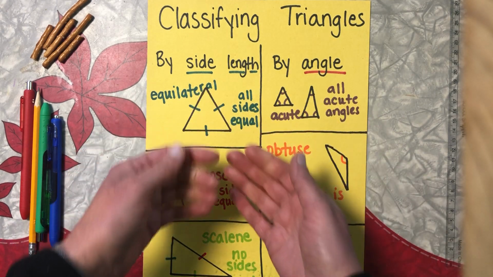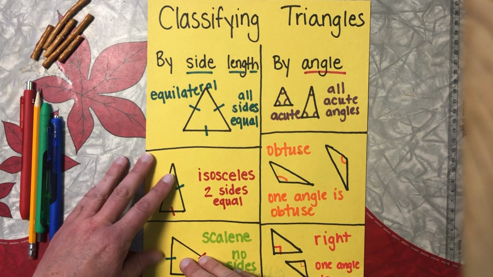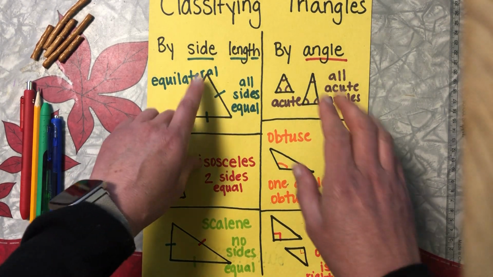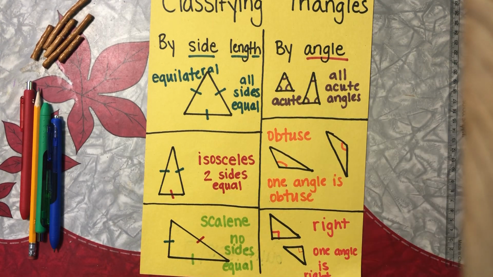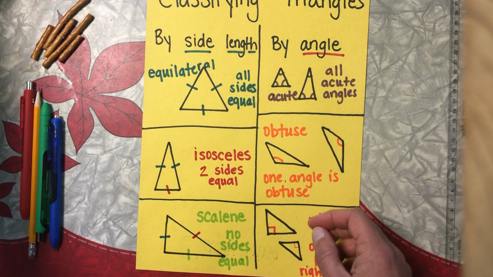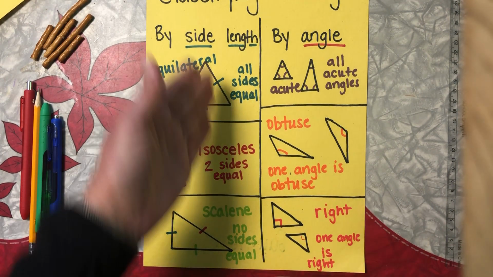So it doesn't really matter if the triangle's name starts with a side length criteria or an angle criteria. So today I'll be choosing one side length and one angle, and you're going to be putting that together to create a triangle.